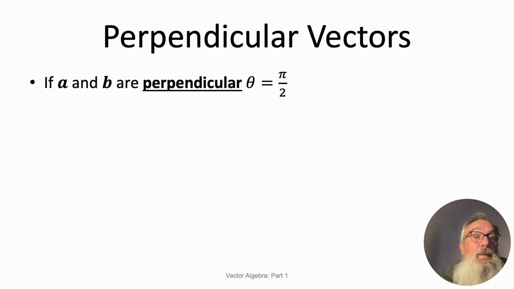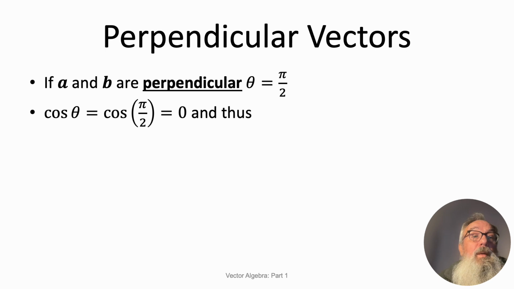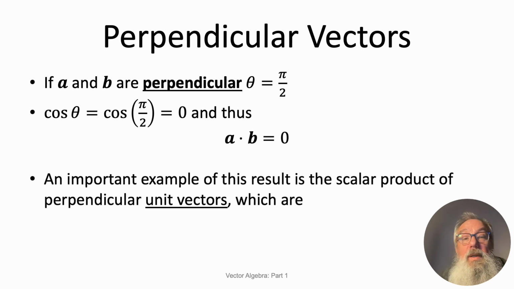Perpendicular vectors. So A and B are perpendicular. Theta is equal to pi over 2, 90 degrees. Cos 90 is 0. Thus, if A dot B equals 0, we could say that A and B are at right angles. They're perpendicular.